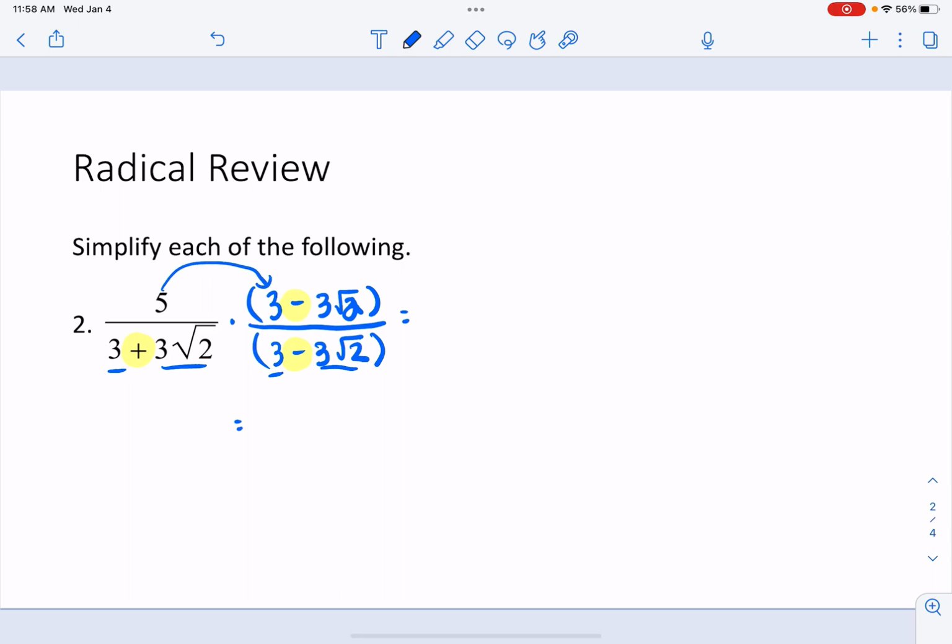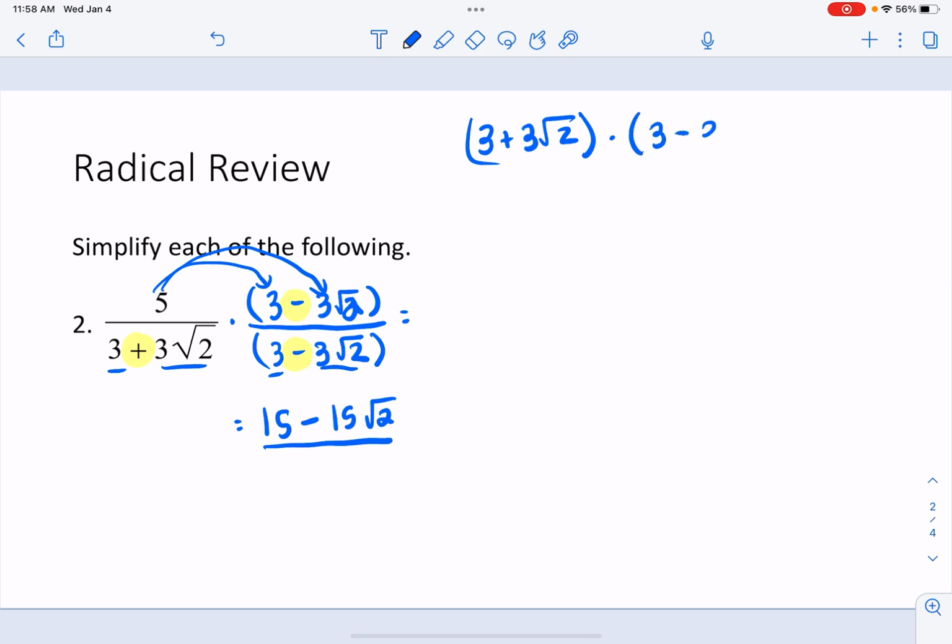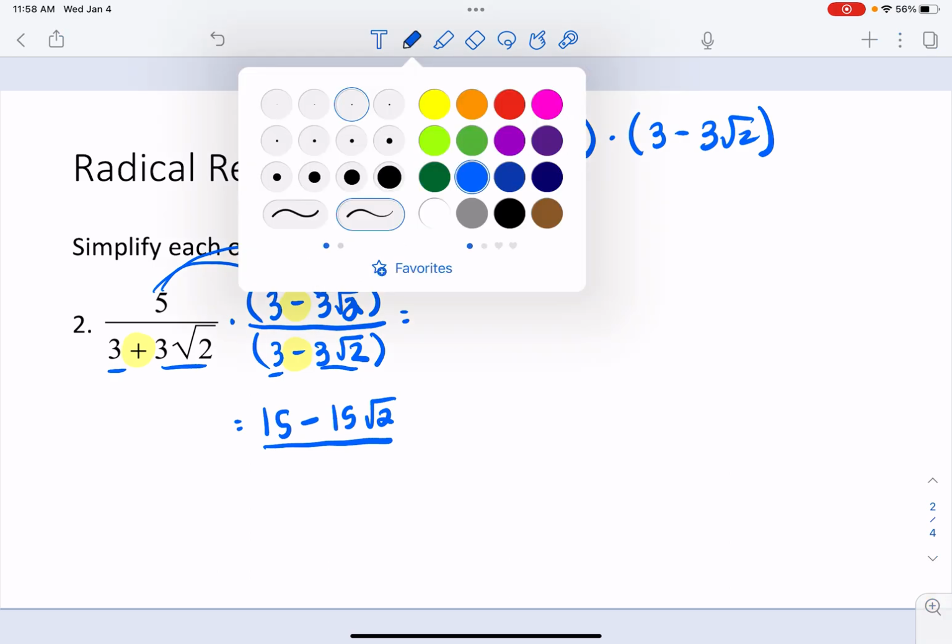5 times 3 is 15, minus 5 times that 3 is also a 15 root 2. Now, again, I'm going to do this up over to the side so that we have a little bit more space to work.